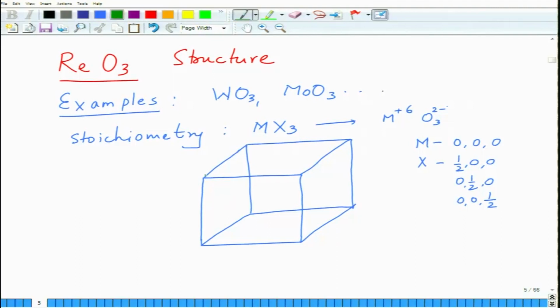So, this is M. Now we will see the coordination. I have not told you the coordination.